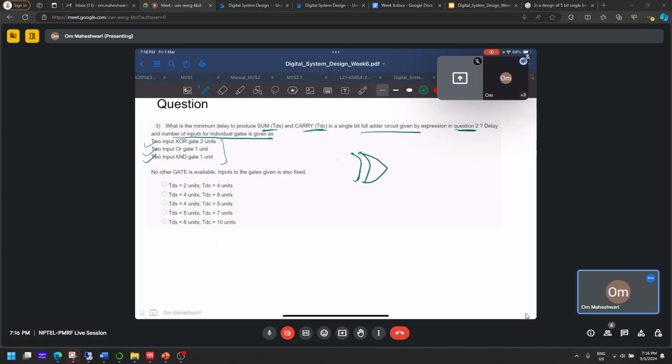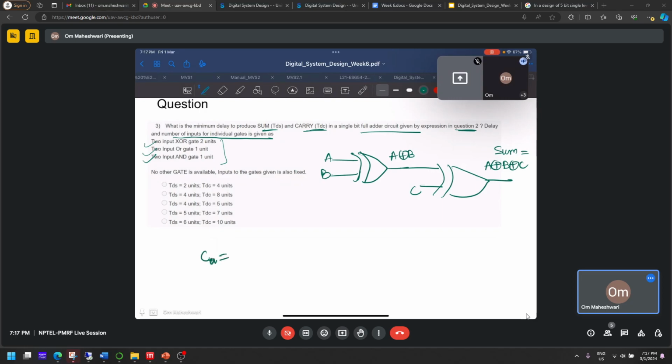So, if we have to make AB, A XOR B, A XOR B XOR C, this is the sum. Now for carry, you need, what was carry?